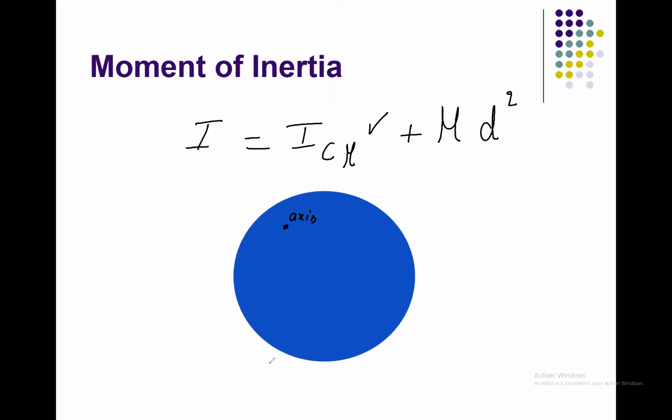You know, for any object, we have the center of mass. The center of mass of this object will be at the center, at this point. m is the mass of the object. d is the distance between the axis and the center of mass.